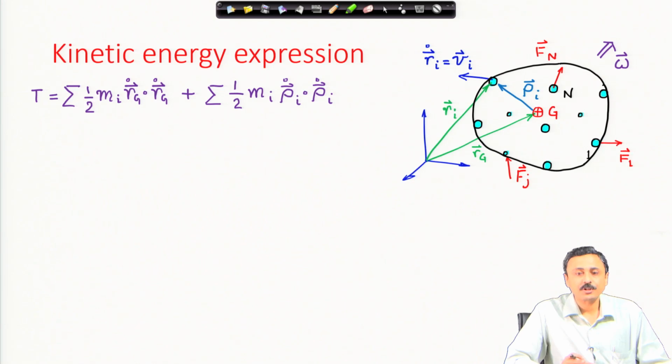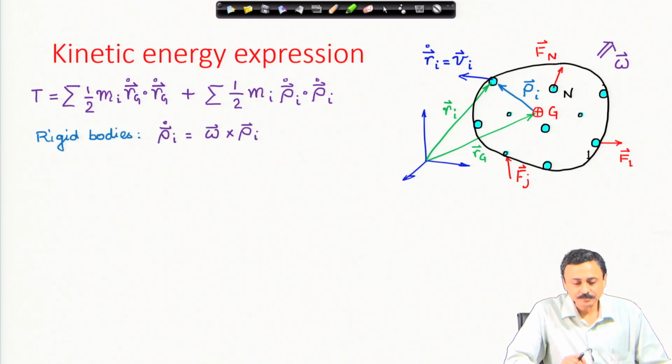So, this was the expression of kinetic energy of translation of center of mass and kinetic energy of motion about the center of mass. Remember that rho i dot is the relative velocity of the ith particle with respect to the center of mass. Therefore, the second term in the kinetic energy expression gives us the kinetic energy because of motion of the particles about the center of mass.